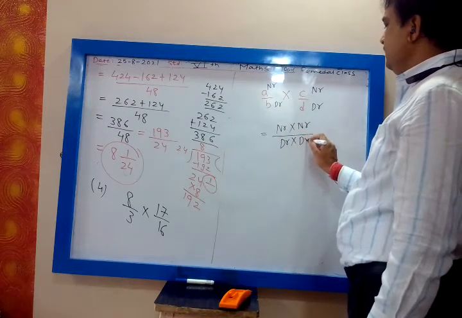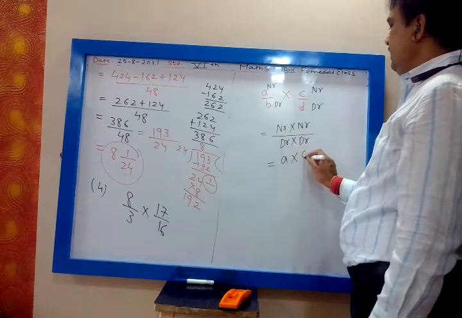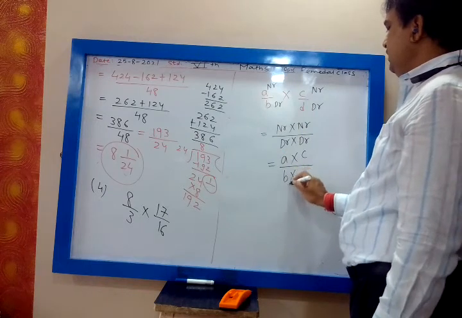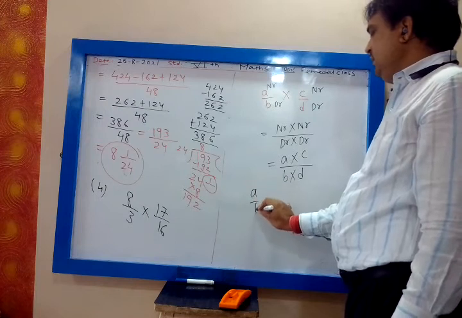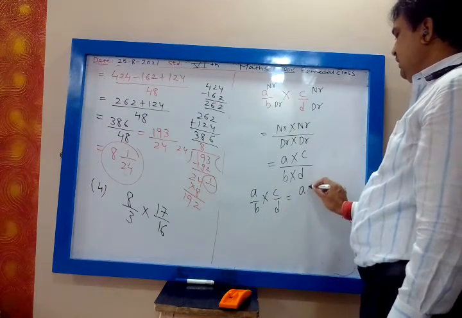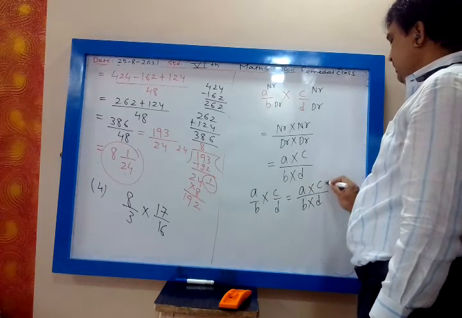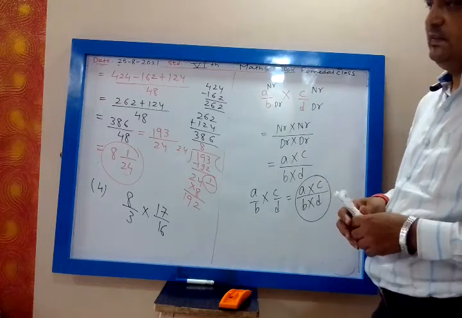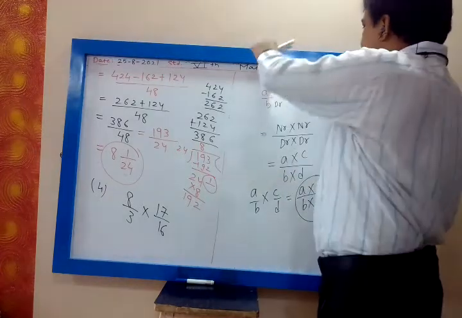Numerator is A, numerator is C, A into C, upon denominator B, denominator D, B into D. So A by B multiplied by C by D will be A into C upon B into D. Simplify this; you have to write the fraction in the lowest terms.